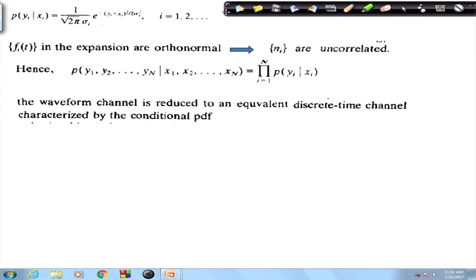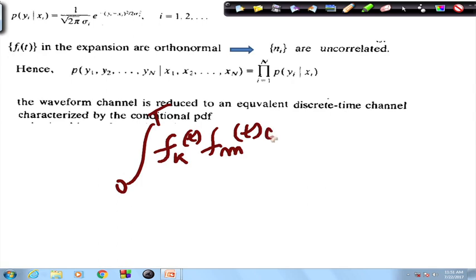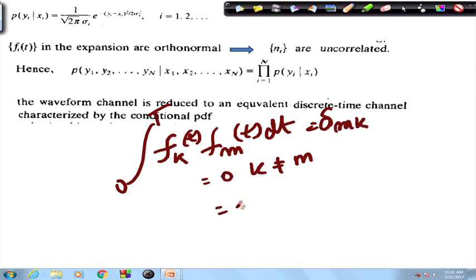Right. So, now in such conditions, because these f_k's are orthogonal, what we found is that for k not equal to m, it is important to write it as delta_mk, right, equal to 0 for k not equal to m, and 1 for k equal to m.